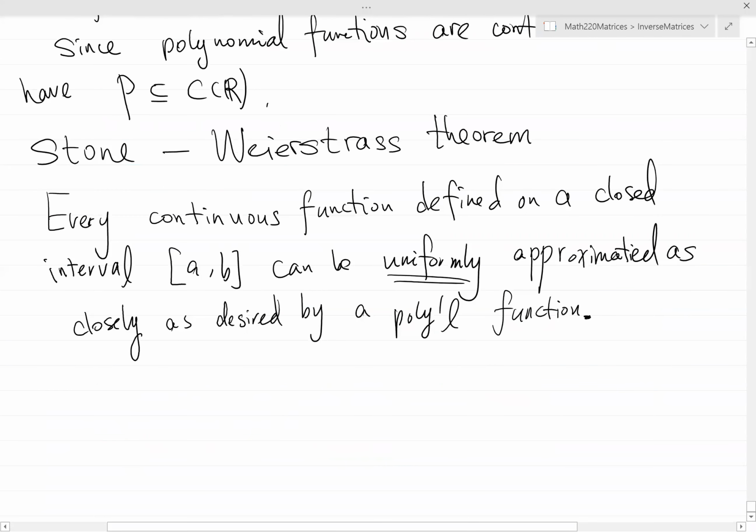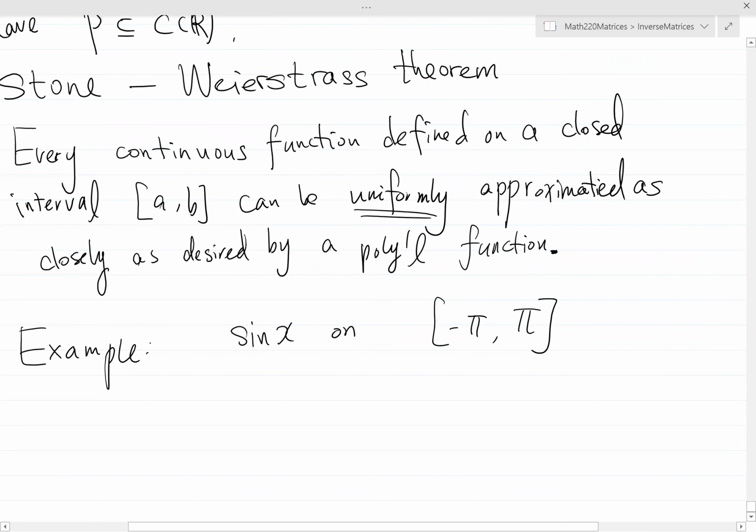Maybe I'll give you one example. Let's see, sine x on a bounded interval, negative pi to pi, just one period of sine x. We can find a polynomial approximation of sine x. There are many choices. You can use a Taylor polynomial at any point within negative pi to pi.